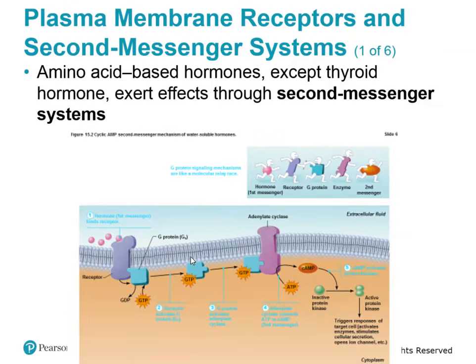Right, it's made out of phospholipids. So just like oil and water don't mix, these water-soluble hormones aren't going to be able to pass through this lipid bilayer. So they're going to rely on some protein receptors on the membrane that's then going to transfer that message and that information to its final destination.